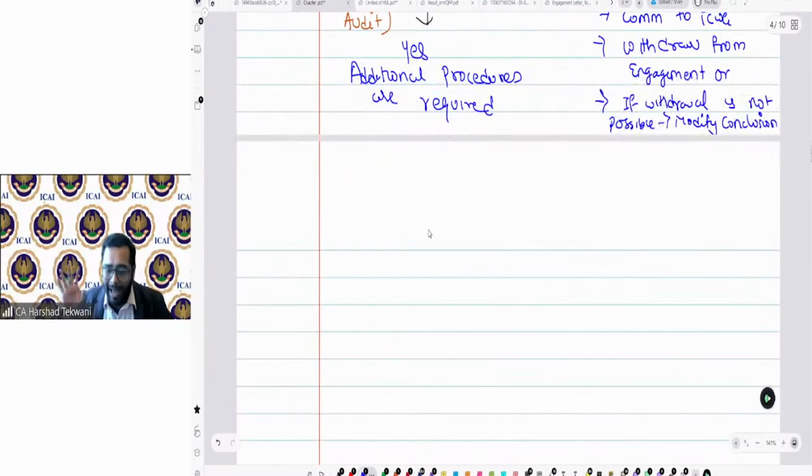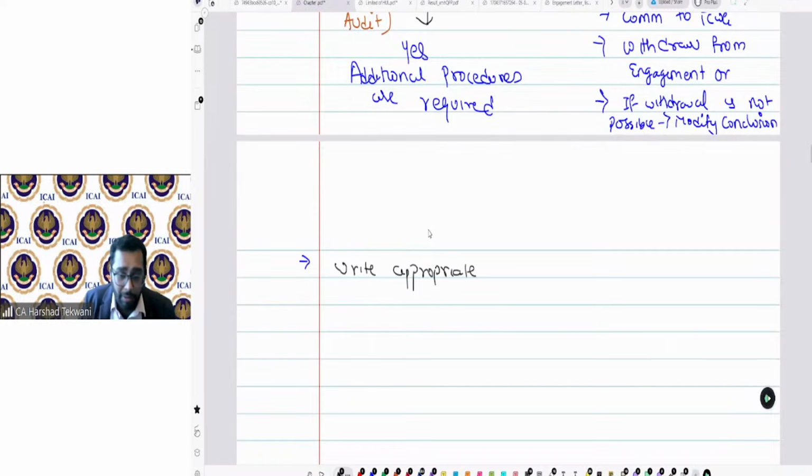Now, one small task I will give you before going on the break: write an appropriate paragraph for the basis of qualified conclusion.